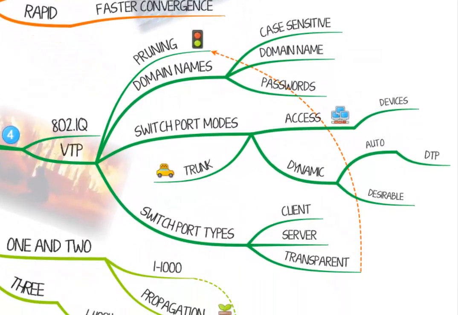Now, Cisco VTP, which is a trunking protocol based on 802.1q. 802.1q is the standard. Cisco has mixed feelings about VTP, I believe, in their documentation. They want you to use it, and they don't want you to use it.